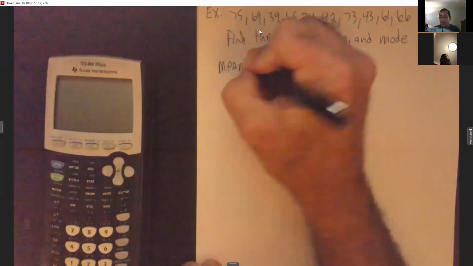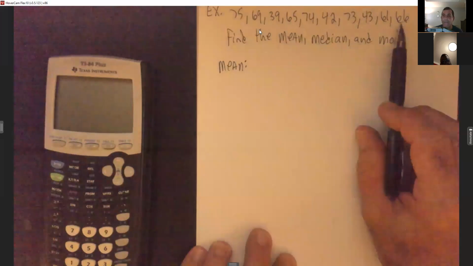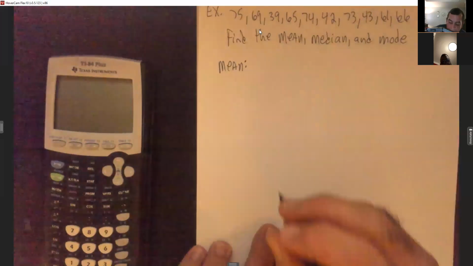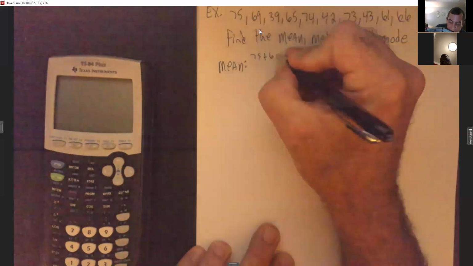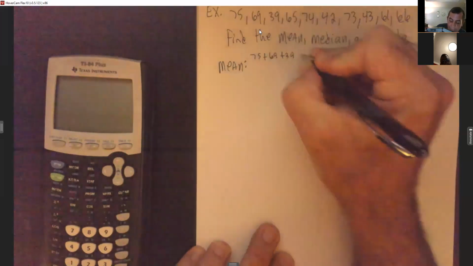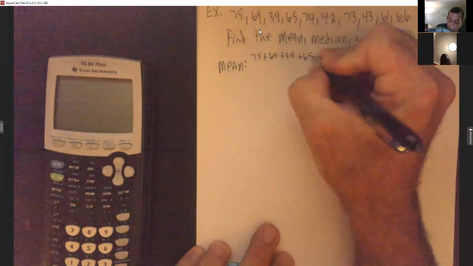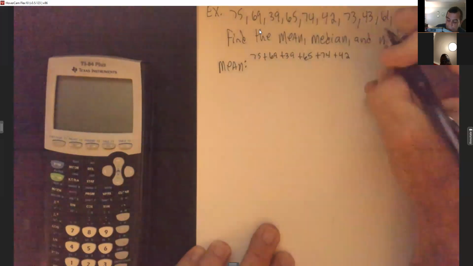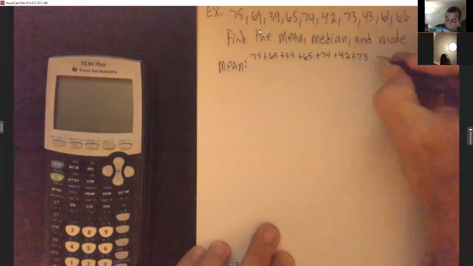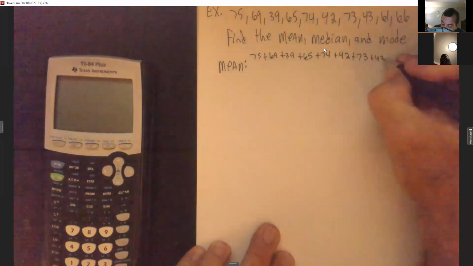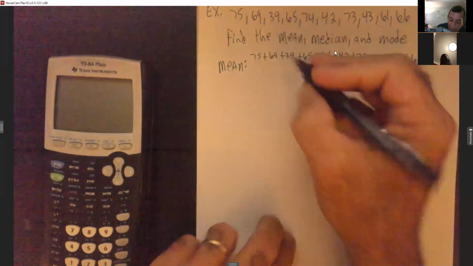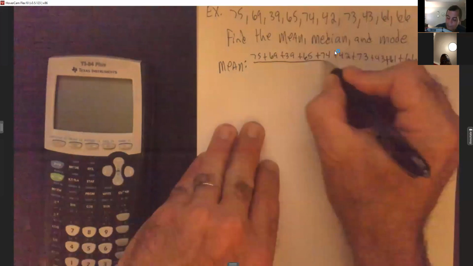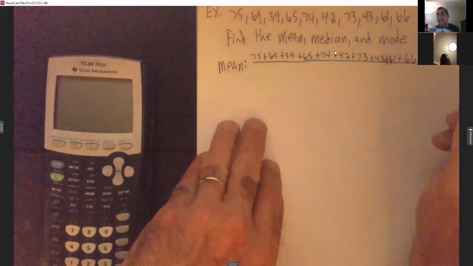The mean was all these numbers added together, divided by how many numbers I had. So I'm going to take 75 plus 69 plus 39 plus 65 plus 74 plus 42 plus 73 plus 43 plus 61 plus 66. I'm going to divide all of those numbers after I add them by 10 because I had 10 scores.